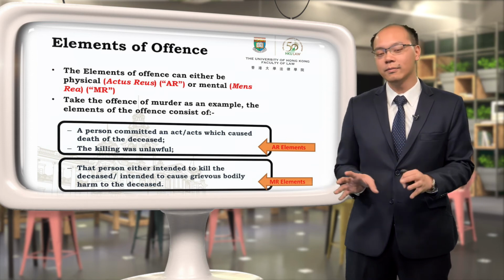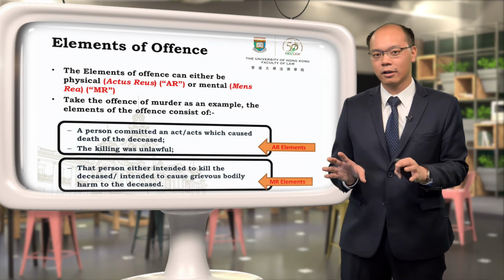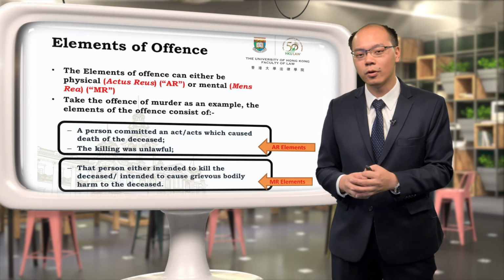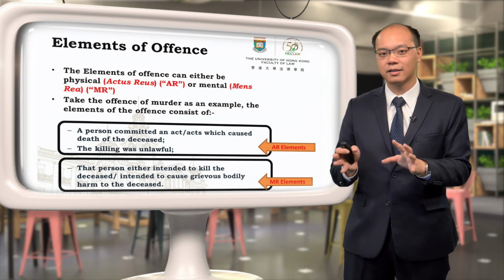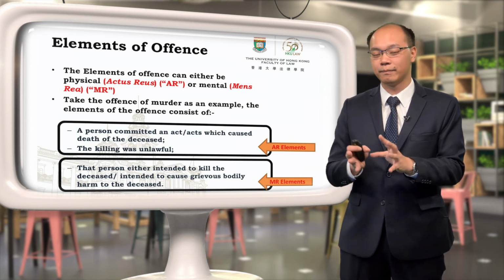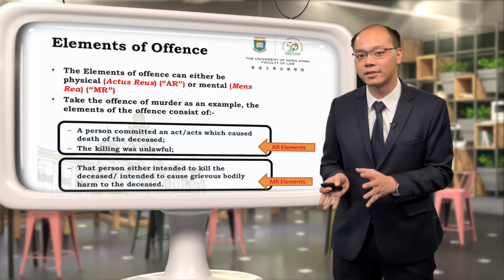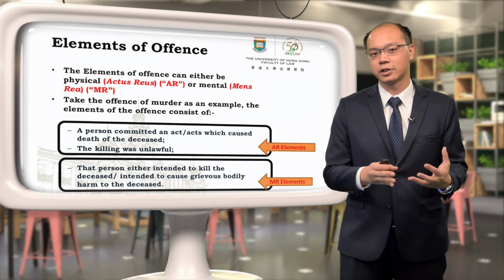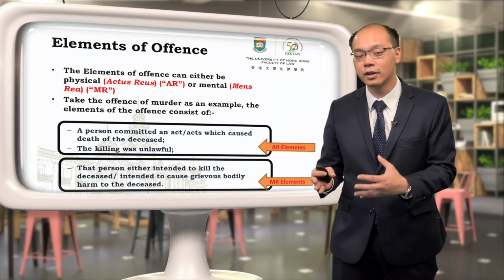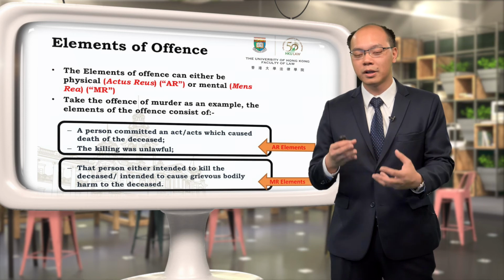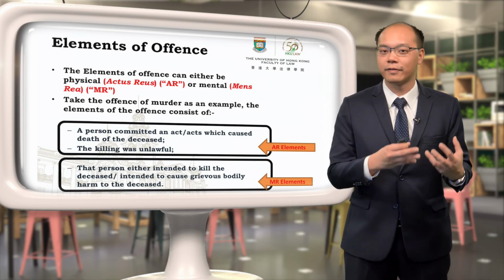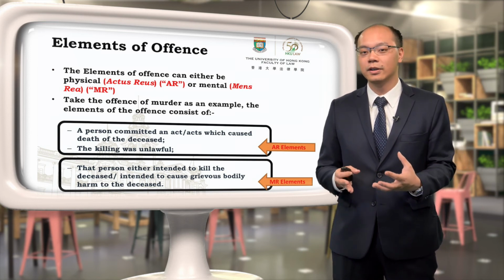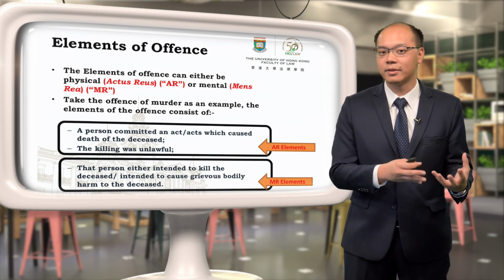Now, in the concept of criminal law, we're going to dissect these criminal offenses into different elements of offenses, right? So in order for a particular action or a particular series of actions to constitute a crime, you must show that there are some elements of offense present in a particular scenario, right? So we call these elements of offense.